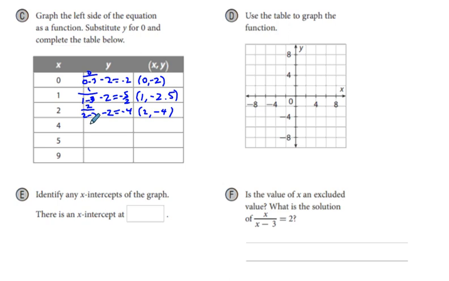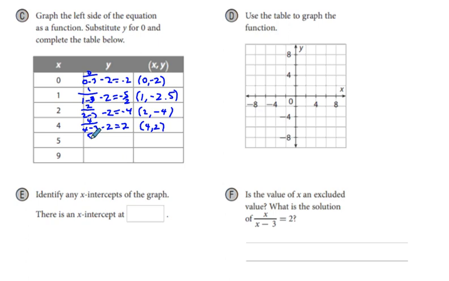And if we use 4 over 4 minus 3, minus 2, we get 4 over 1 minus 2, which is 2. So we're going to get 4, comma 2.